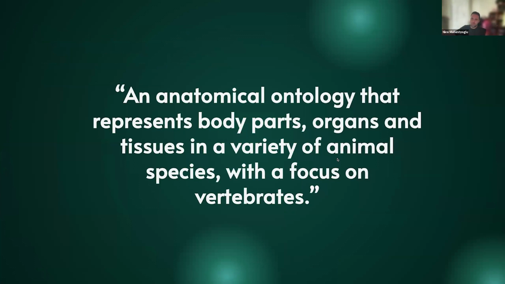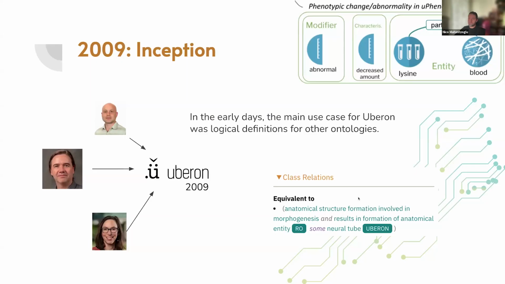The thing that those of you who are part of our wider community efforts should keep in mind is this sentence: Uberon is an anatomical ontology that represents body parts, organs, and tissues in a variety of animal species with a focus on vertebrates. That will get clearer in Damien's part as well.